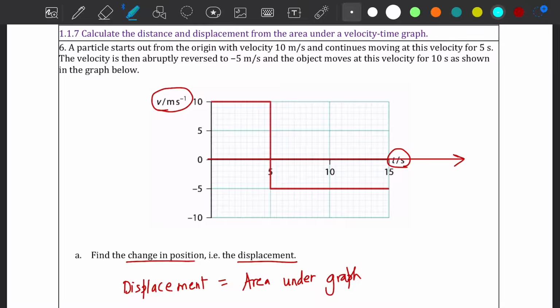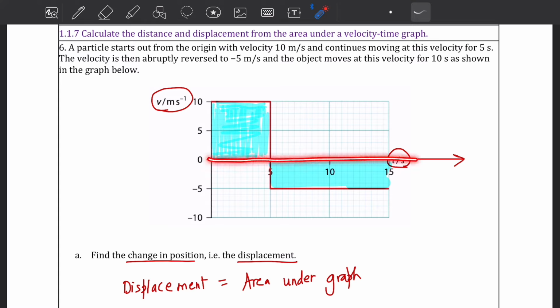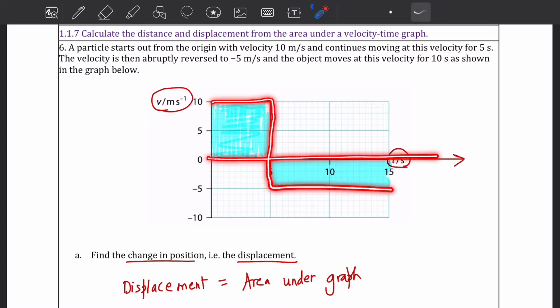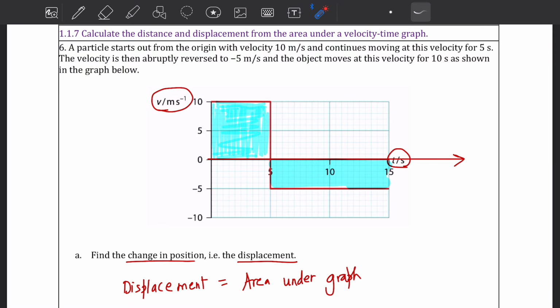So I'm going to shade the area under the graph which we want to find: the area under the plot line and the time axis, and this area. Very important to shade so that we are clear about where the area is which we want to find. The time axis and the plot line, the area under these two things will give you the area you want to calculate.